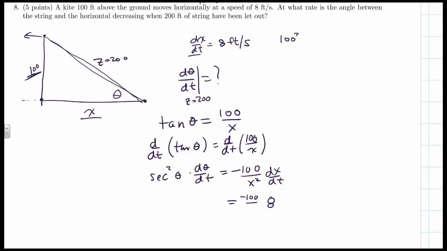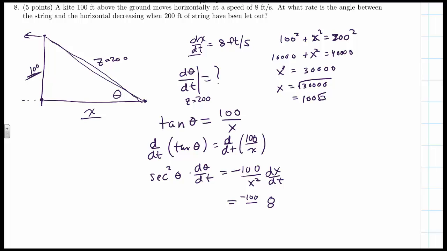And then I know 100 squared plus x squared is equal to 200 squared, or 10,000 plus x squared is equal to 40,000, or x squared is equal to 30,000, or x is equal to the square root of 30,000, which I believe is going to be 100 root 3. Okay, so 100 root 3.